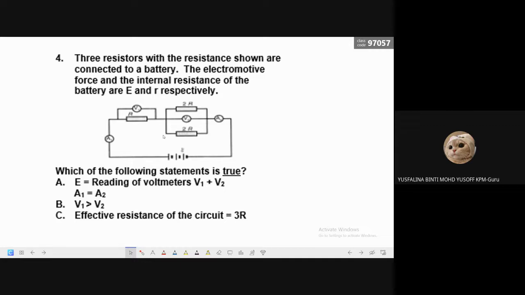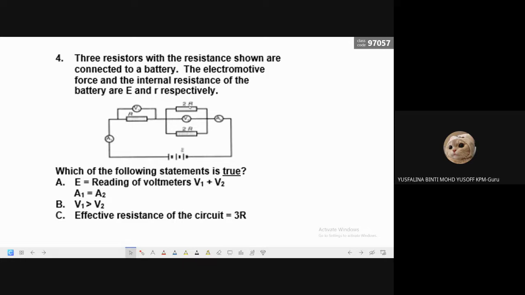And A1 is equal to A2. Reading of voltmeter V1 plus V2, yes. Which one is V1? If you add, you can get this one. And V1 is higher than V2. Is the resistance the same? They didn't mention so.